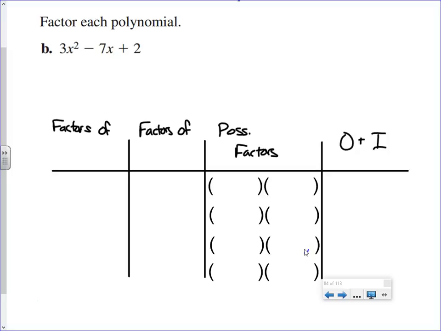Cost factors. First. I got the keys in there.